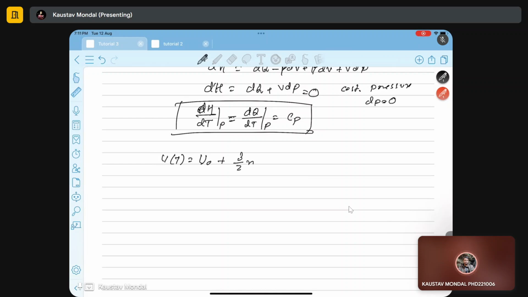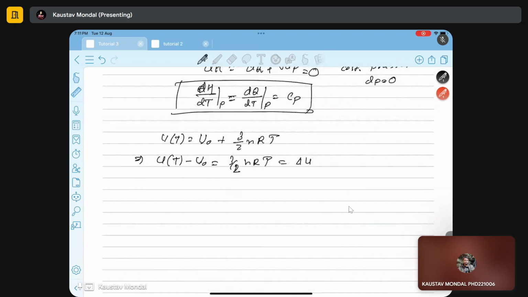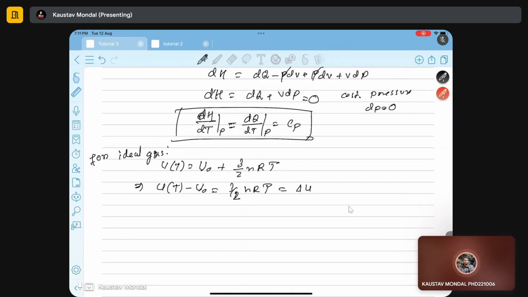U(T) is U0 plus 3/2 nRT, right? So that means U(T) minus U0 is 3/2 nRT, for an ideal gas. So if you know the change in internal energy, delta U, when you change the temperature from 0 to T, from that you can easily calculate Cv, in case of an ideal gas.